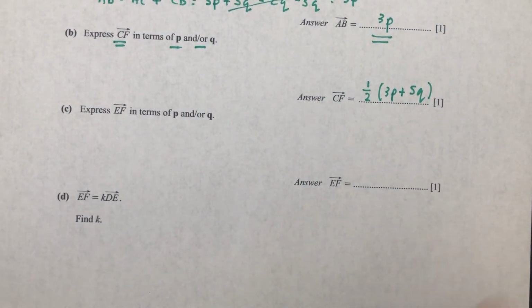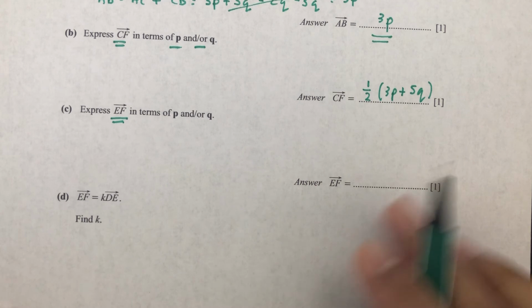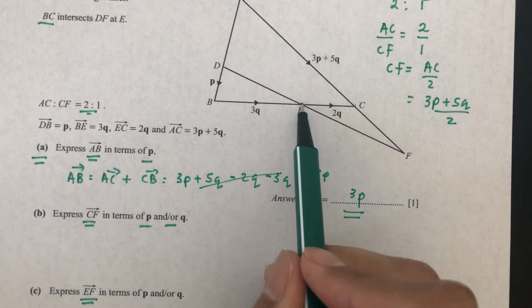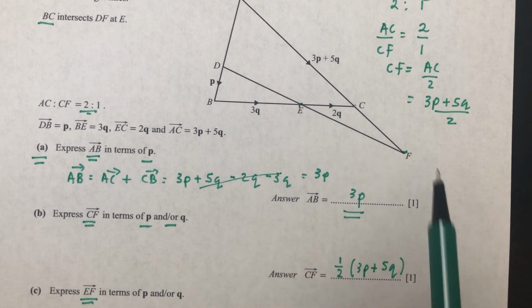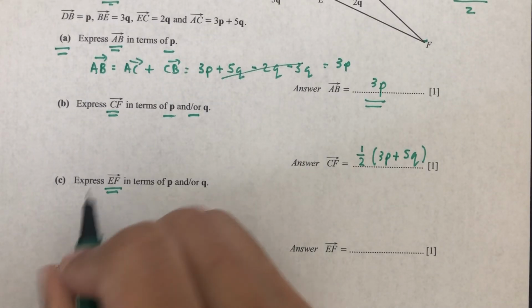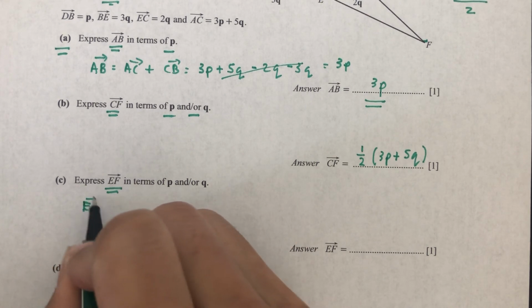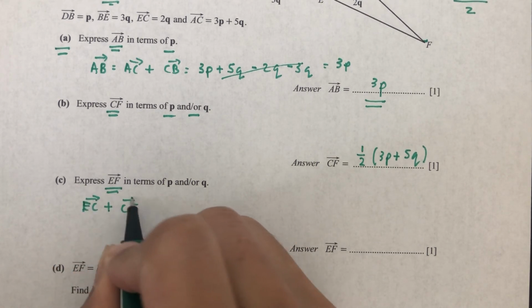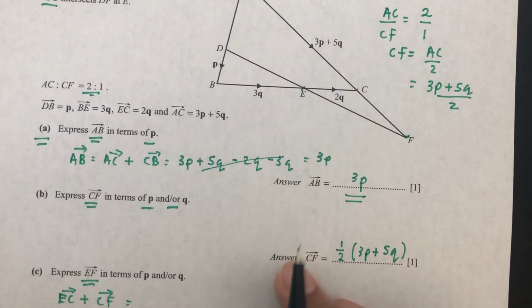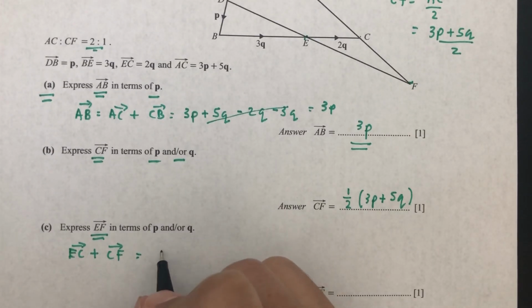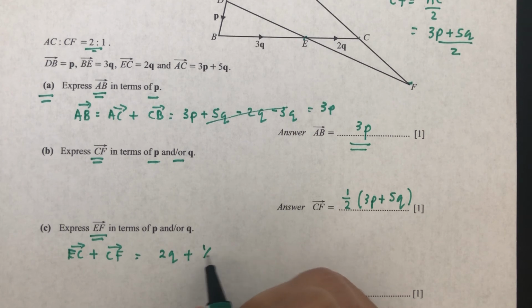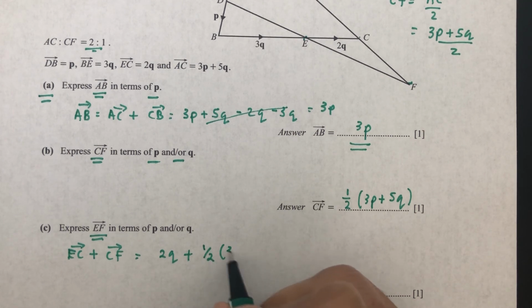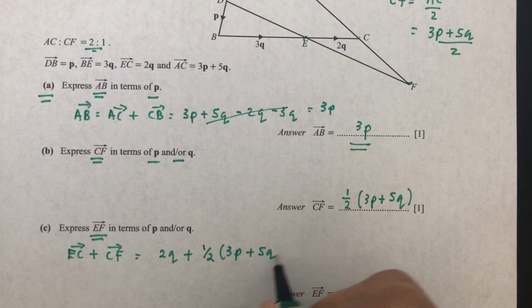Okay, now for part C, express EF in terms of P and Q. Where is EF? EF is this point. EF equals EC plus CF. EC is 2Q, and CF is half of 3P plus 5Q.